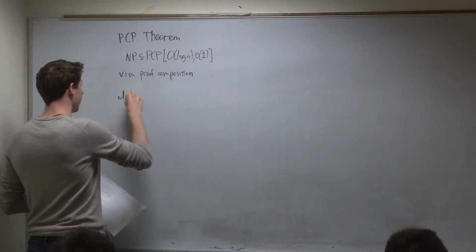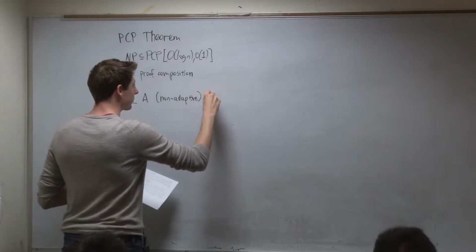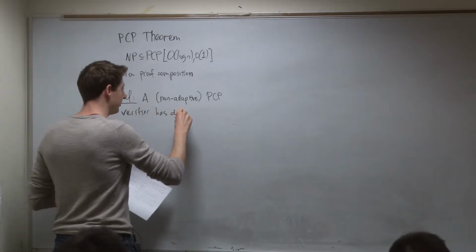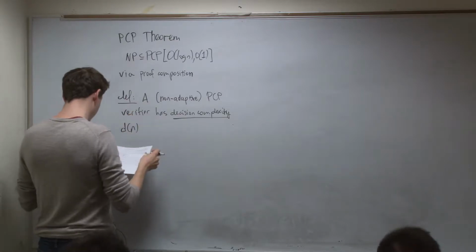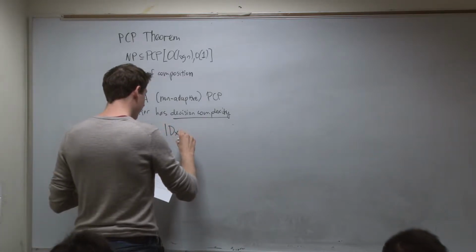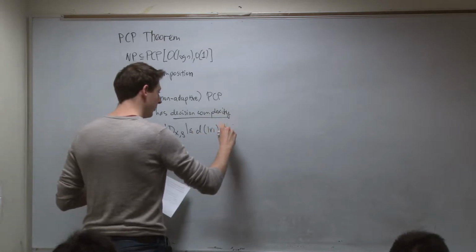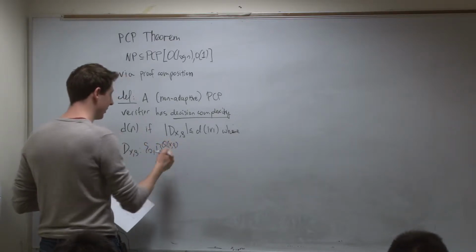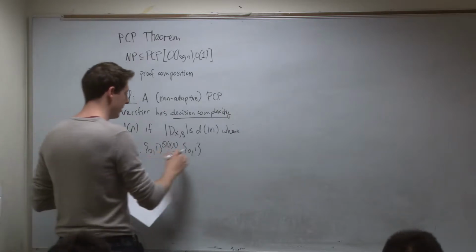I'm going to say that a non-adaptive PCP verifier has decision complexity d of n if D sub x comma rho is at most d of size of x, where D sub x comma rho is the circuit that maps the queries on instance x and randomness rho to the decision of the verifier.